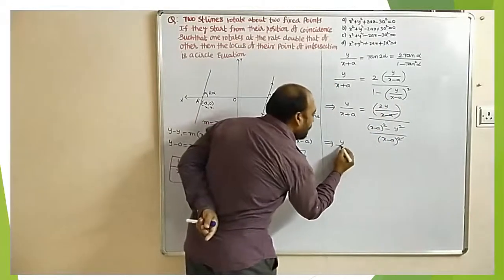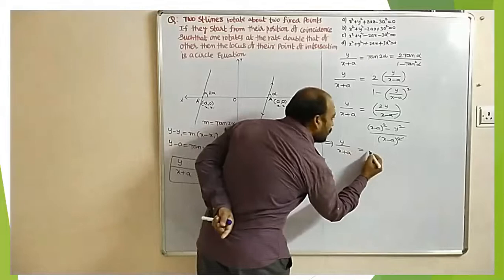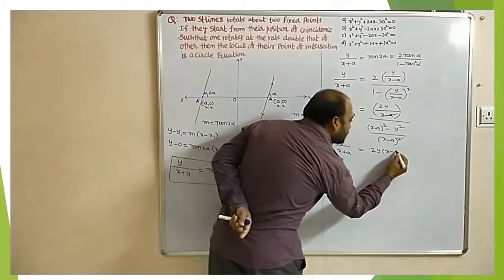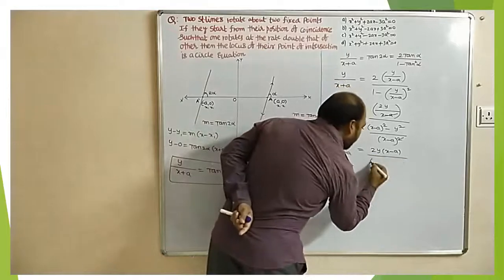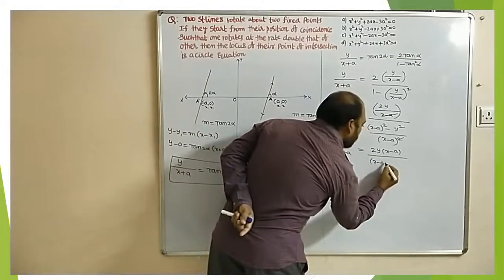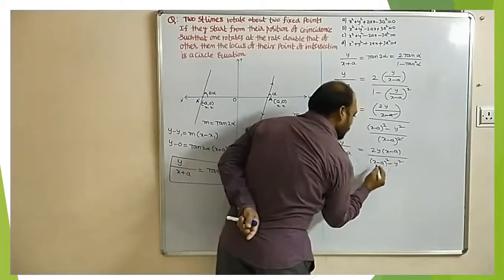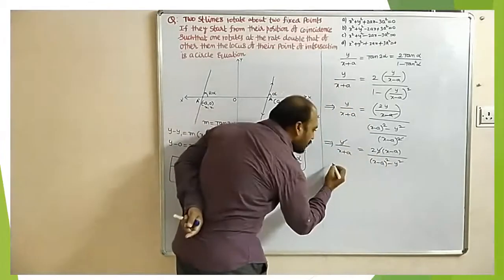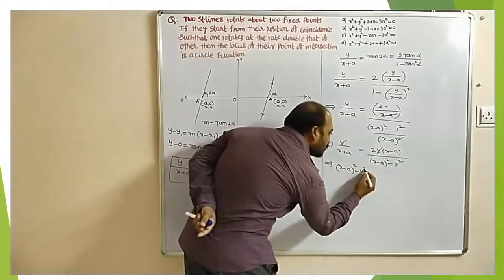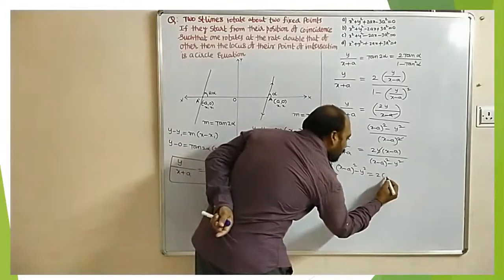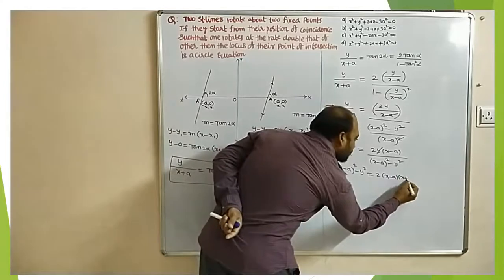So y by x plus a equal to 2y into x minus a divided by x minus a whole square minus y square. So y also gets cancelled. After that, cross multiply: x minus a whole square minus y square is equal to 2 into x minus a into x plus a.